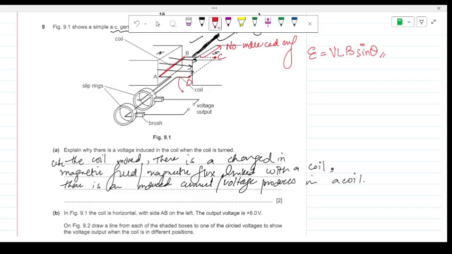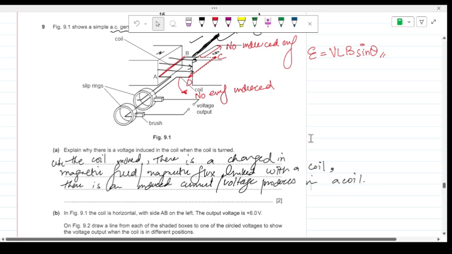And for AD, same as BC, no induced EMF because the magnetic field lines and the length of the conductor are parallel. So there will be no induced EMF in those sides of the coil. In the CD side, the direction of current changes, so the EMF produced by the coil will be negative.